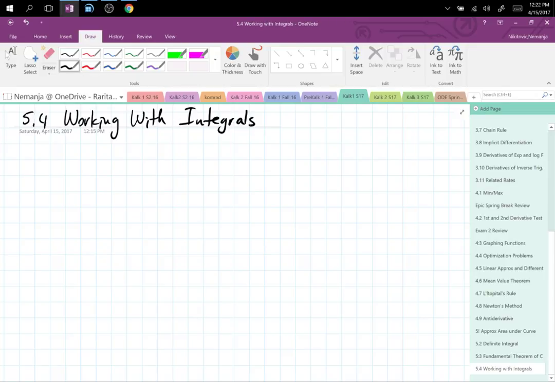We are going to start with integrals of even and odd functions, which utilizes symmetry to cut down our calculations. So let's take a look.